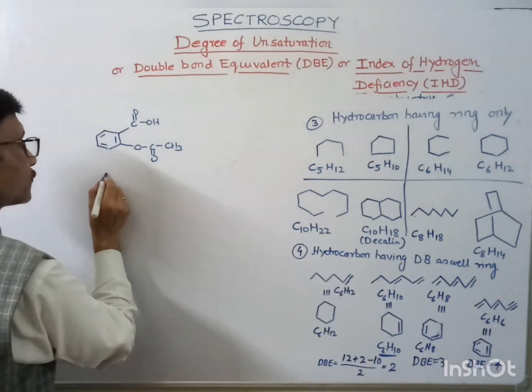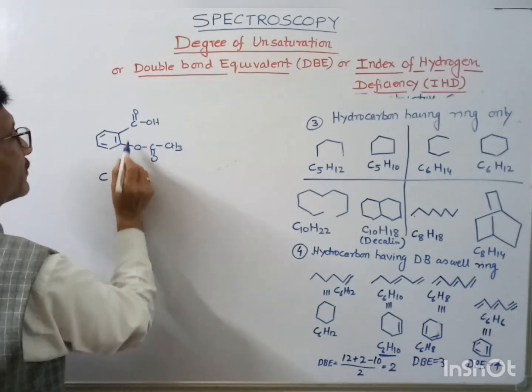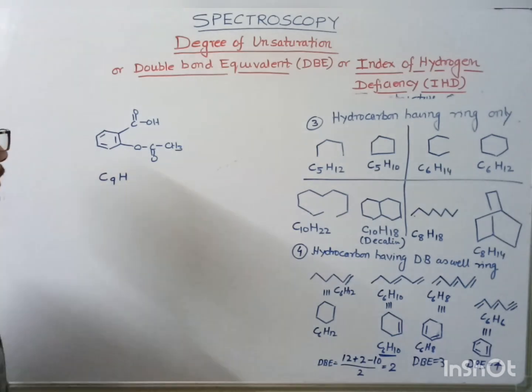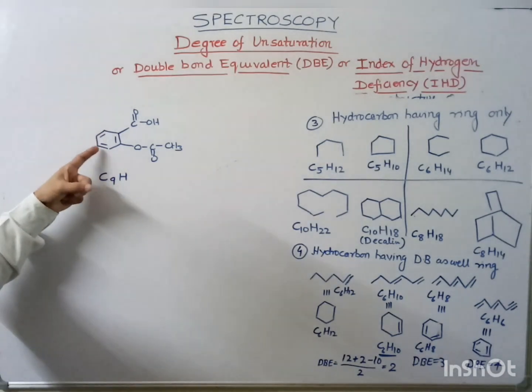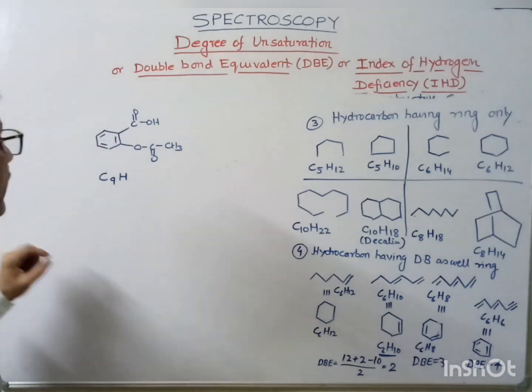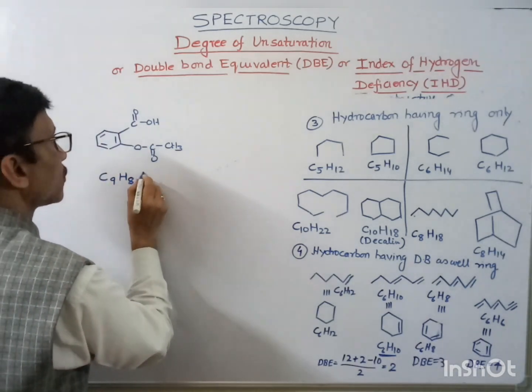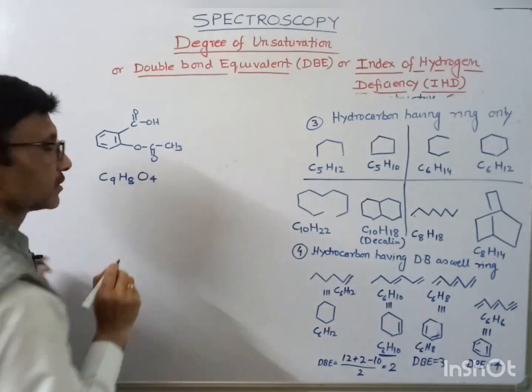The molecular formula has 9 carbon atoms, 8 hydrogen atoms, and the number of oxygen atoms is 4.